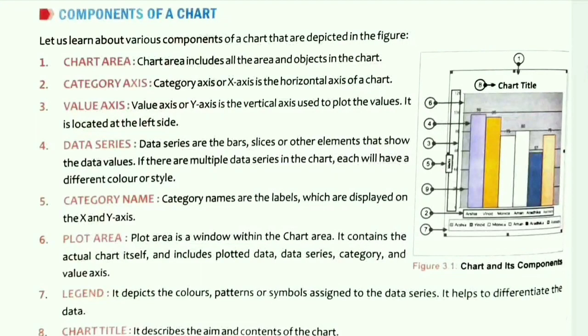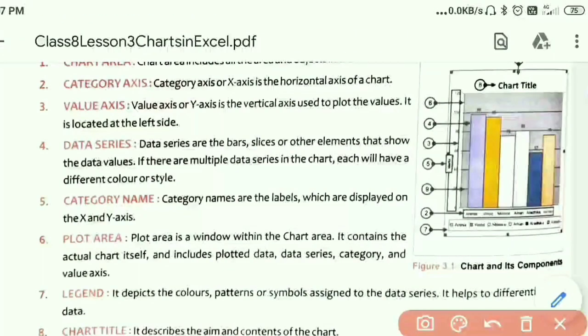The third one is value axis. Value axis or y-axis is the vertical axis used to plot the values. It is located at the left side. This is called category axis or x-axis, and the value axis is y-axis.